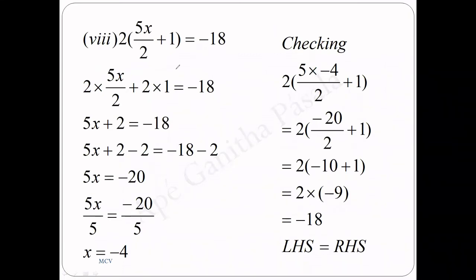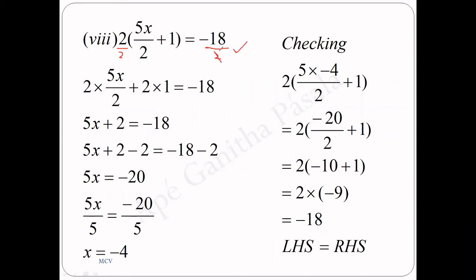Now this one. In this question, if you want, you can divide by 2. If you want, you can divide this by 2 and use that method here in this problem. That is also correct.